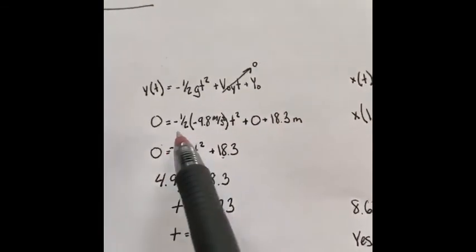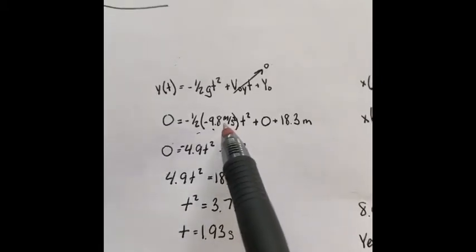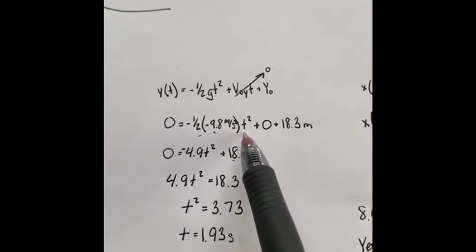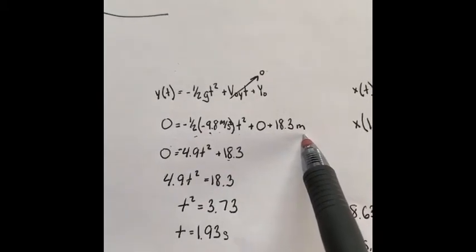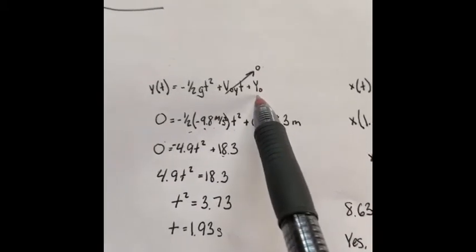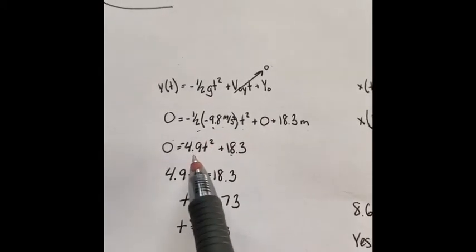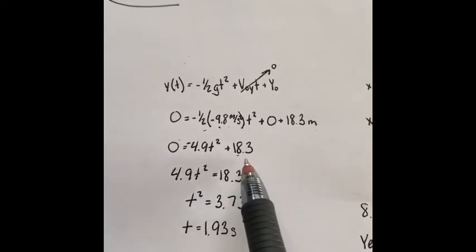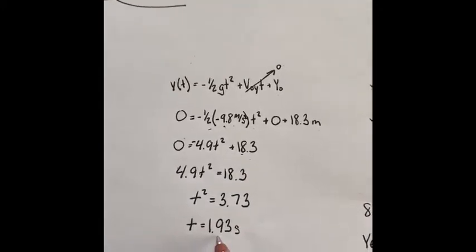So you're left with negative 1/2, negative 9.8 meters per second squared, the acceleration due to gravity, times time squared, plus 0, plus 18.3 meters, which is the initial height. This simplifies to negative 4.9 t squared plus 18.3, which will give us a time of 1.93 seconds.